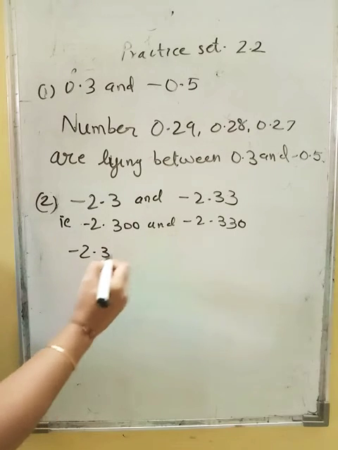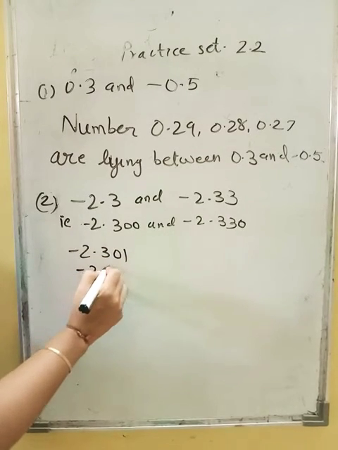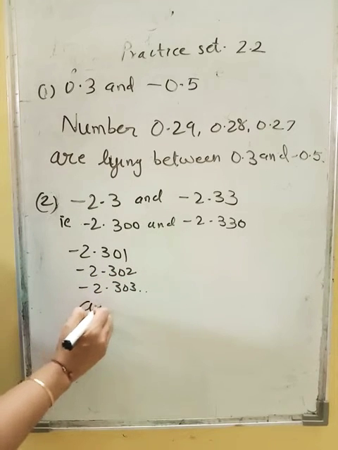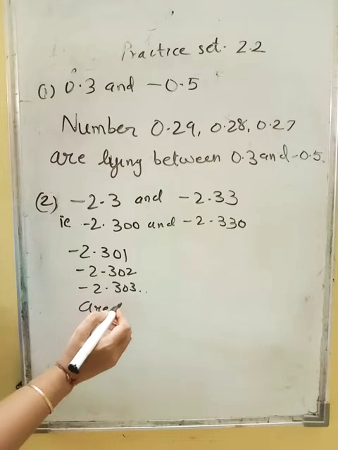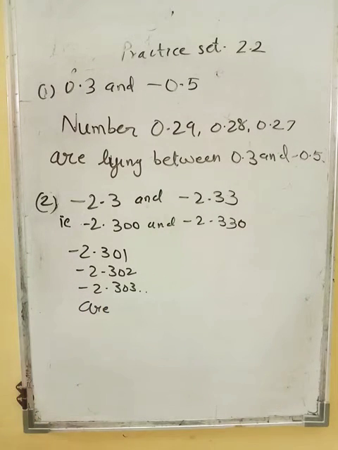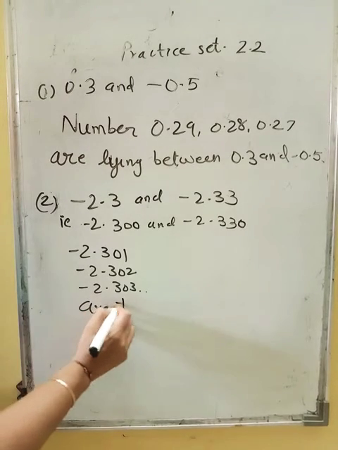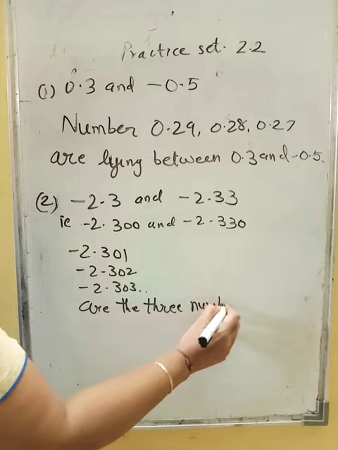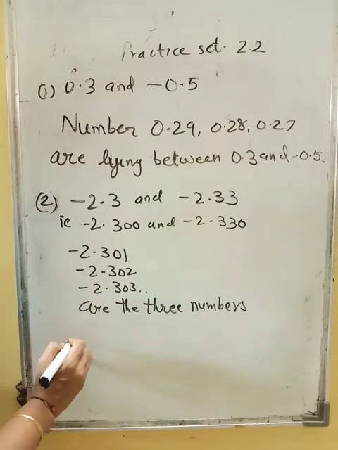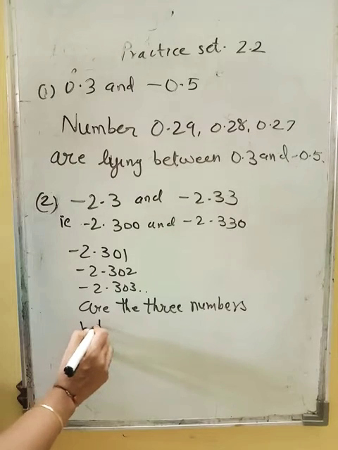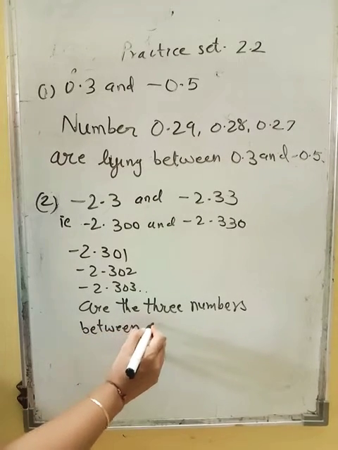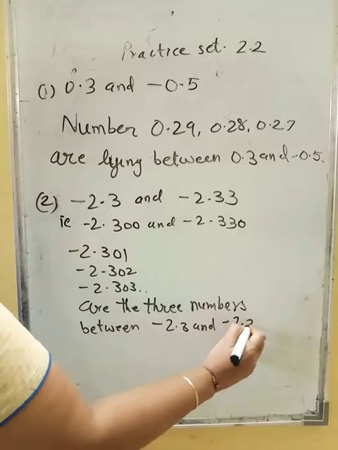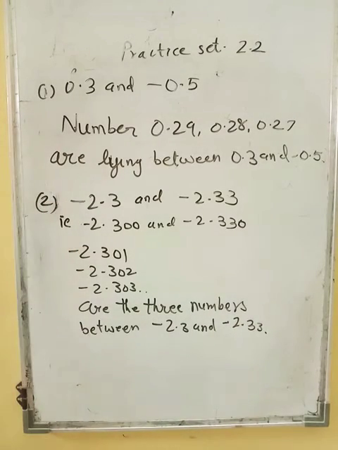So you can have any numbers between them: minus 2.301, minus 2.302, minus 2.303 and so on are the three numbers between minus 2.3 and minus 2.33. So the same method holds.